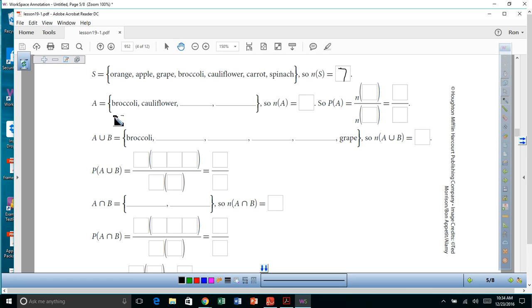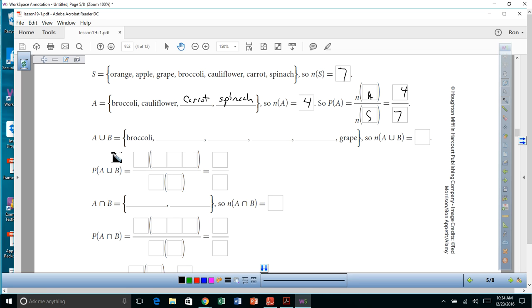Now, A, you have broccoli, cauliflower, carrot, and spinach. All right, so 1, 2, 3. So the number of A is 4, and the probability of A over S would be 4 over 7.